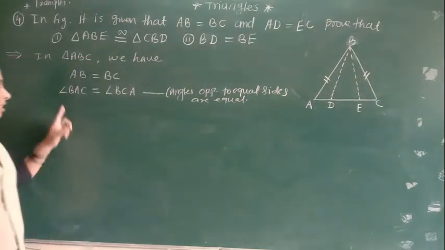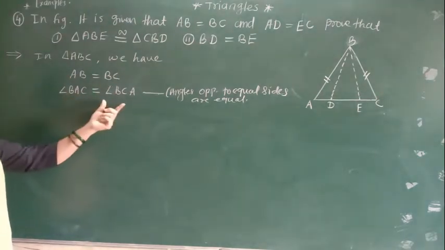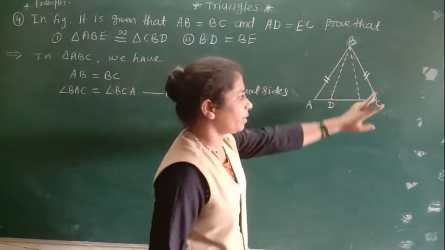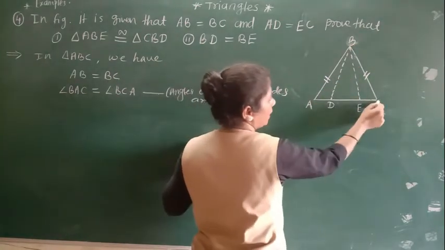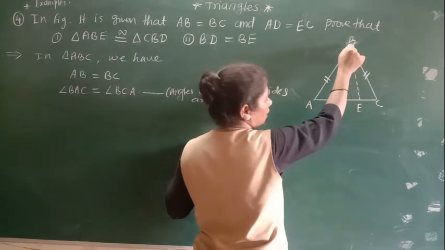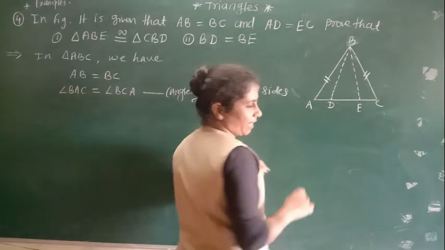Okay, so this is the reason. That is why, since AB equals BC, angle BAC equals angle BCA. If I write angle BAE instead of angle BAC, is there any change?